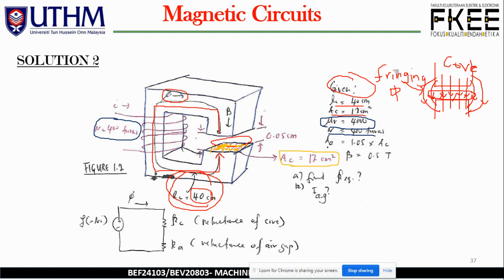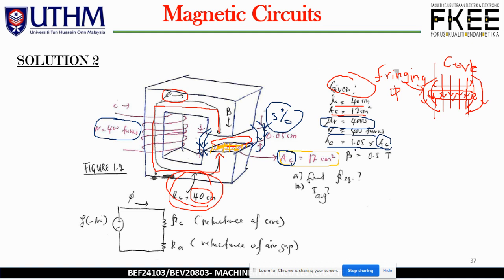This is what I explained earlier. The cross-sectional area of the air gap is 1.05 multiplied by AC, because the fringing flux over here gives an area 5% bigger, or wider, than the AC.